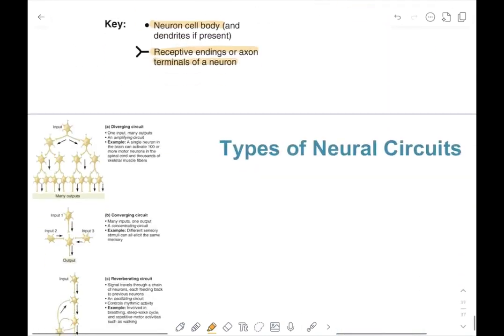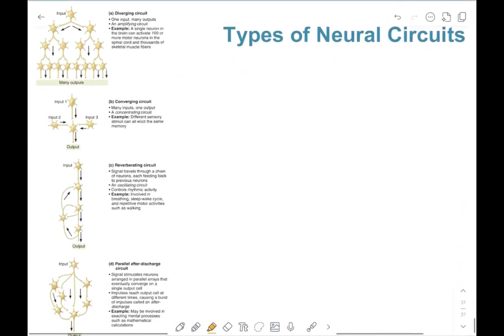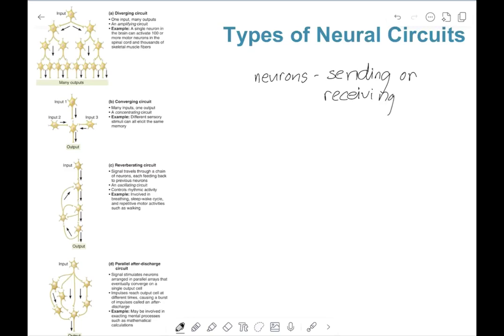On this slide, we can see types of neural circuits. Individual neurons are going to be responsible for sending or receiving information.